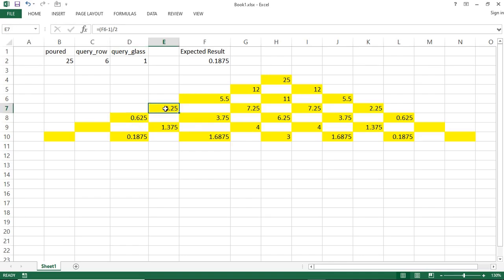So remaining is 1.25 divided by 2, that is 0.625 that we have added here, and here also it will be 0.625. Then when it comes to this particular cell, it will take 1 away because one glass will be utilized, and the remaining is 6.25. So half of 6.25 will be added to this particular glass. So that way when we do that, here at the end we will get 0.1875.